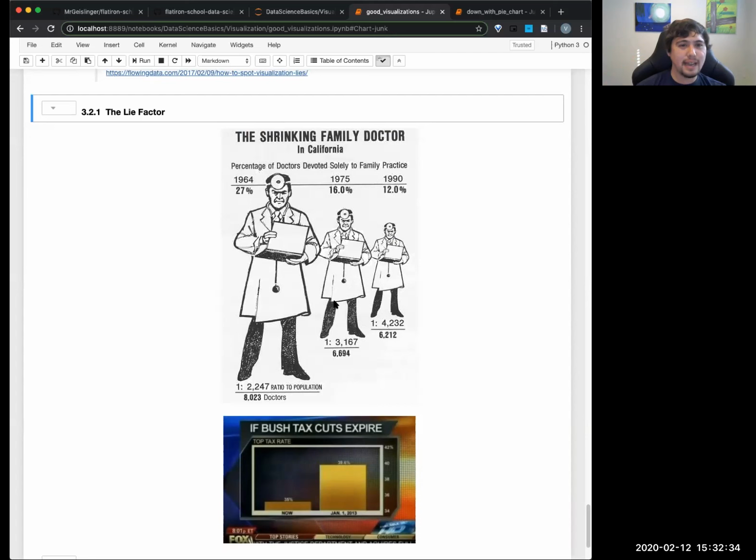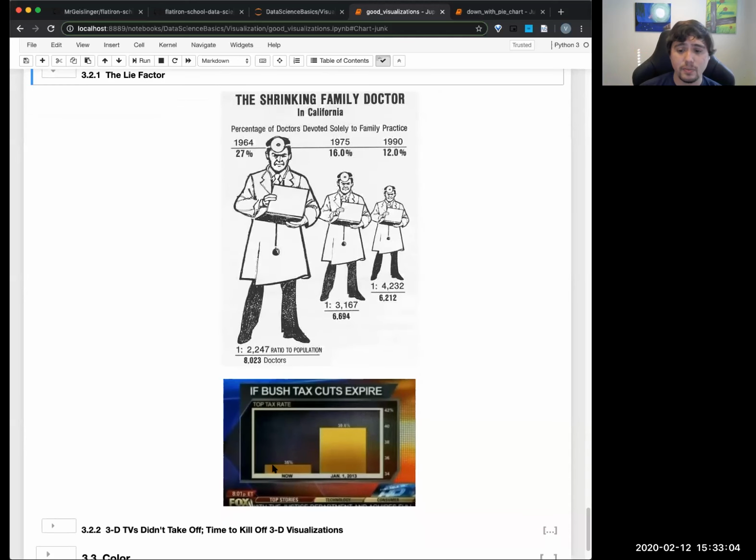This is adding an extra thing that a person just quickly looking at this is not going to directly understand, or will misinterpret. If someone wants to convey that the percentage of doctors devoted solely to family practice is shrinking, they might use this because it looks more drastic, where in reality it might be a much smaller drop-off.